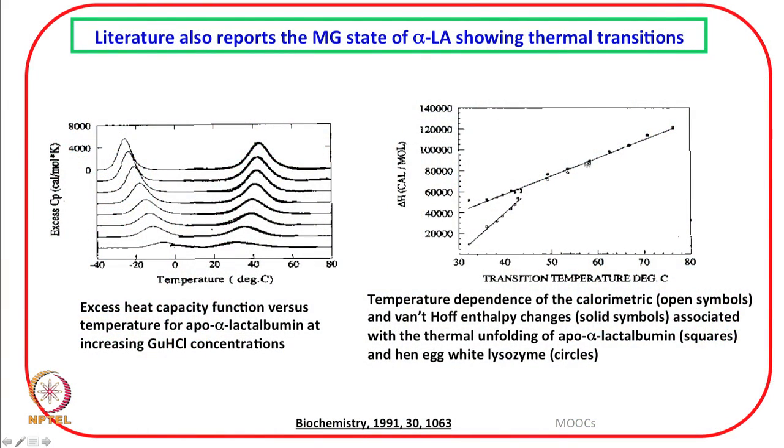And the ratio of Van 't Hoff to calorimetric enthalpy suggested the formation of an intermediate state. So, based upon this non-equivalence, you see the calorimetric enthalpy varies like this, Van 't Hoff enthalpy varies like this. They used this information to suggest that guanidinium hydrochloride induces the molten globule state of a protein.